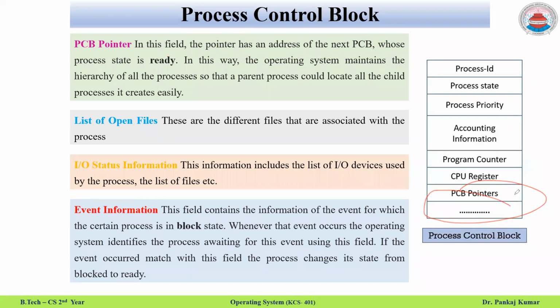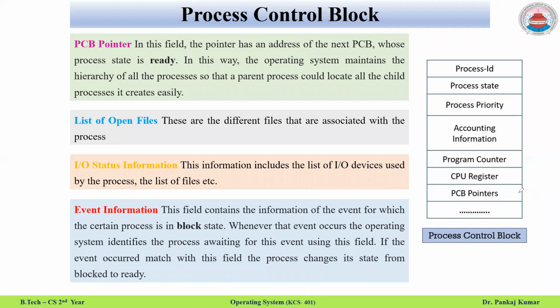When it executes, the pointer tells the processor which process to move to. So it gives the address of the next process control block. But it does not mean that it's static; it's dynamically changing from time to time.